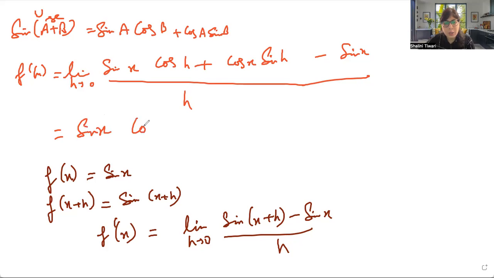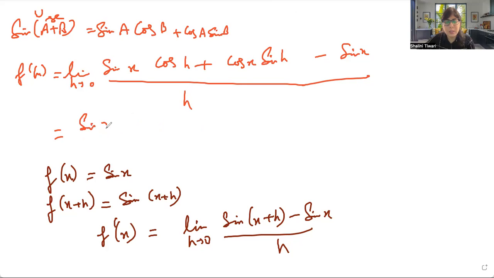Now we just put the values. Sine x cos 0, h, 0 have value. Yeah, see, first we have to just simplify a little bit.